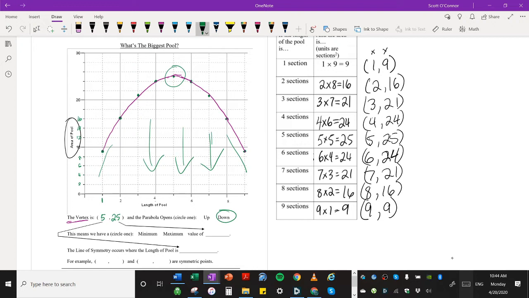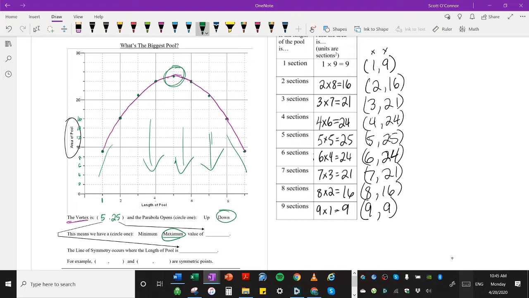And if we look at the next one, it says we have either a minimum or maximum value with any parabola, and if the parabola opens down, then we have a maximum value, right? Because you can see the y values, they go up until they reach a certain point, a max, and then they go back down. Okay, so if you have a parabola which opens down, that means you have a maximum value.